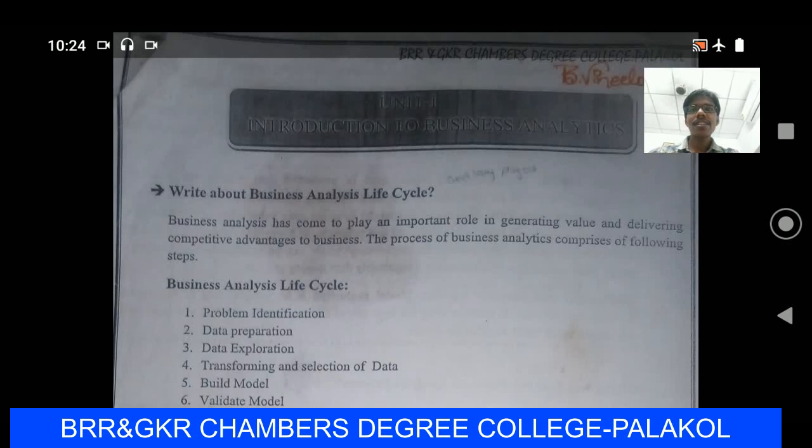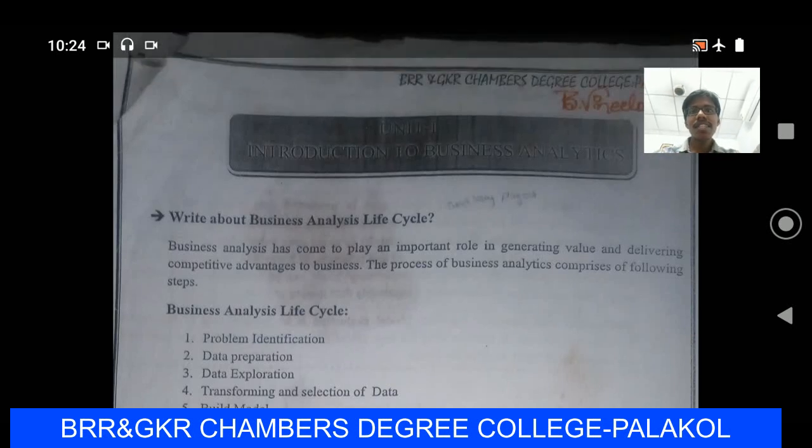In contrast, business intelligence traditionally focuses on using a consistent set of metrics to both measure past performance and guide business planning. In other words, business intelligence focuses on description, while business analytics focuses on prediction.